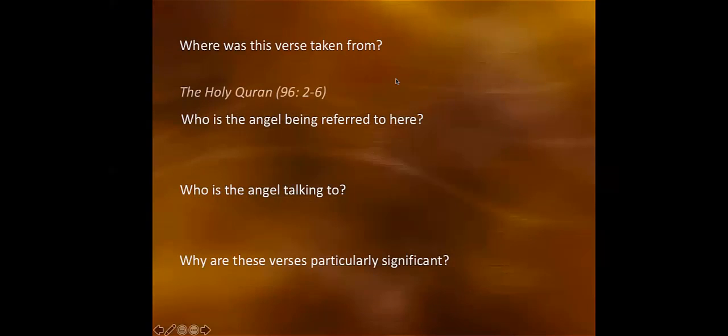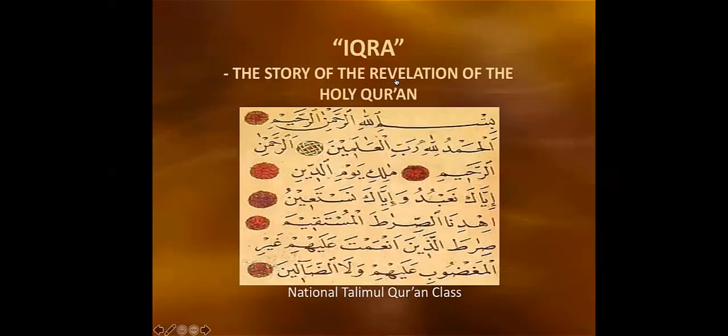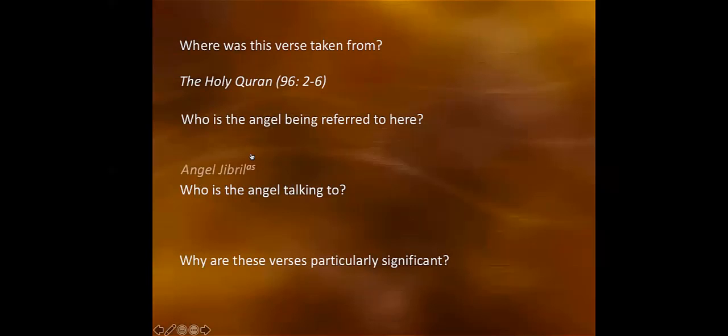So the Holy Quran was the first one. The next one is the angel Jibreel alayhi salam. Who is the angel talking to? Who can have a go? Who is the angel talking to? A5314. Hello. Assalamu alaikum, A5314.